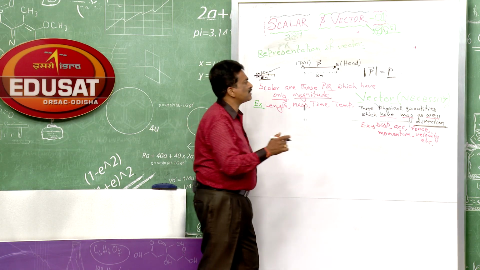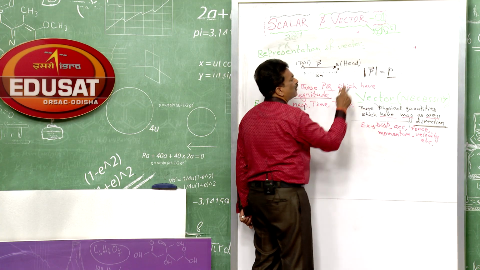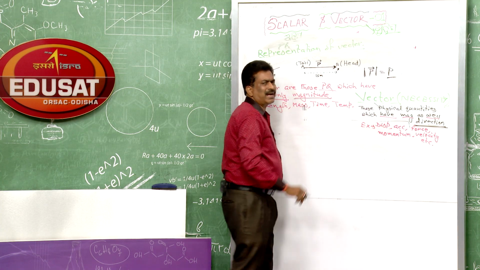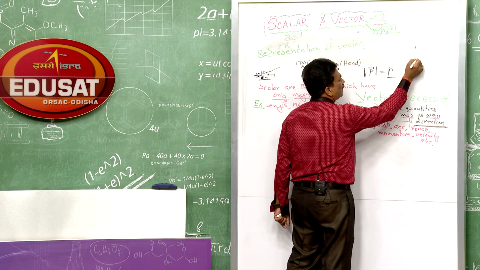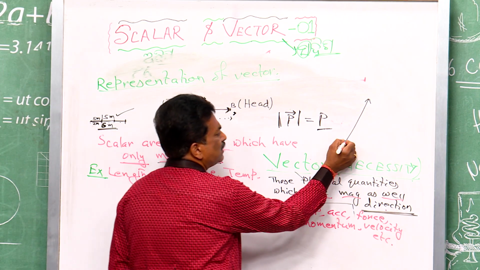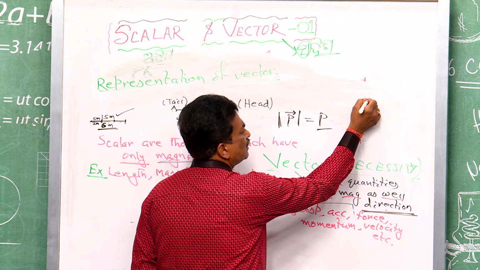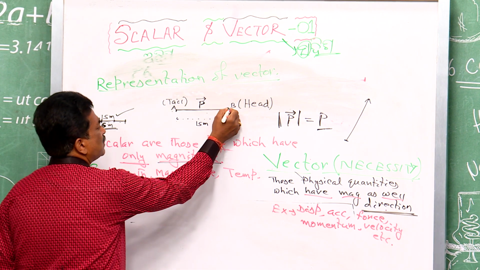But what is the direction? The direction, as shown here, is from this side to that side. If I take another vector like this, it has an initial point and a final point. You see, this is the initial and this is the final.